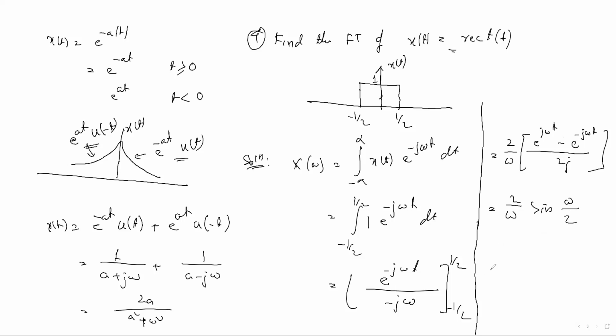So you should know the rectangular signal: if rect t is there, then the Fourier transform is 2 by omega sine omega by 2. You should memorize these things. The steps also you should know; in the exam, 3 marks will be given. But for objective type questions, you should know the formula so that you can find the answer immediately.